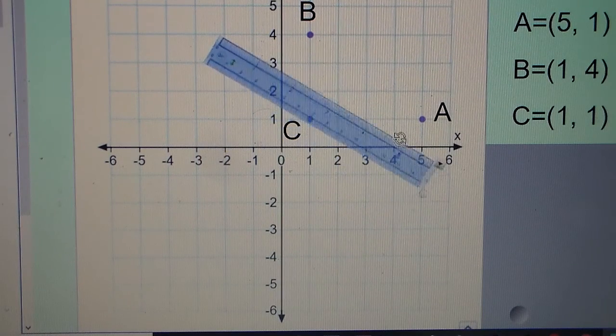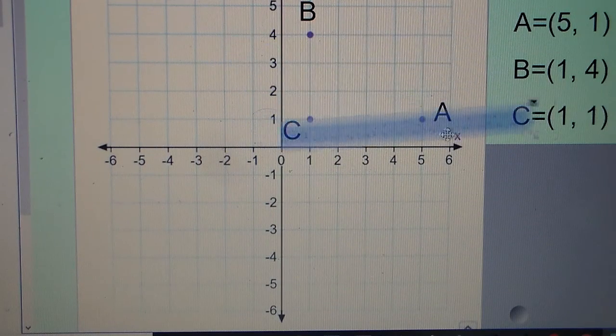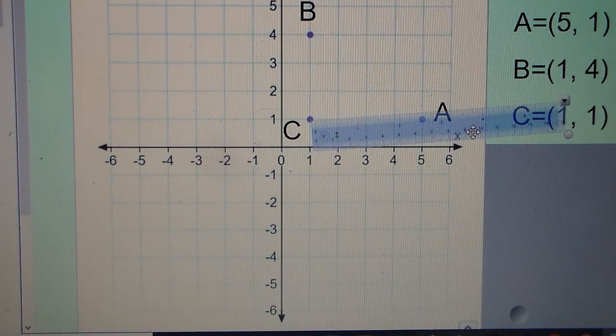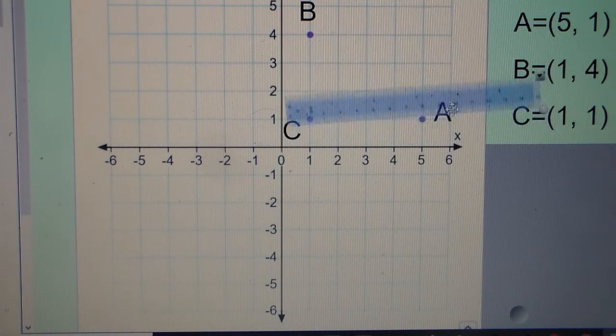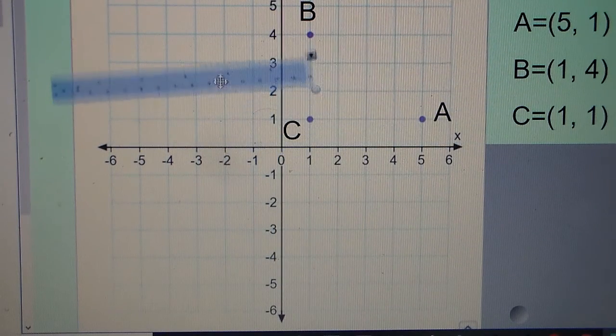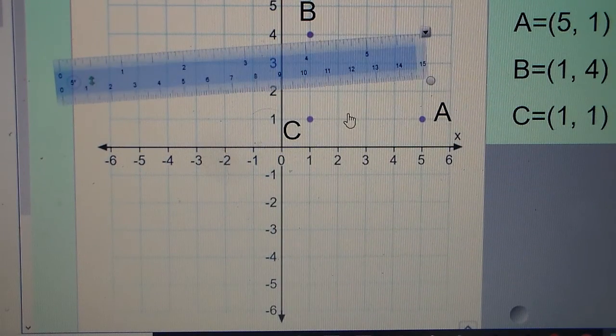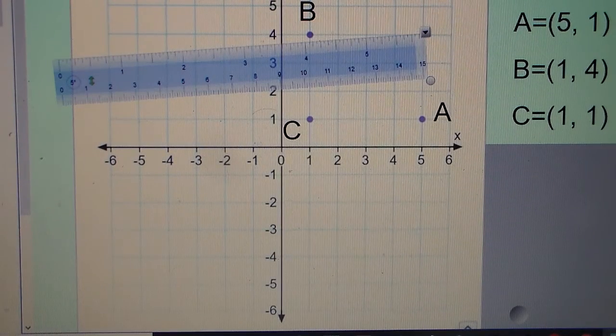You can rotate it between A and C and calculate that out too, and you'll see that's around 6.5 based on this ruler. However, I changed the size of the ruler, so that's why I got messed up a bit. It's a little bit tougher online than in person.